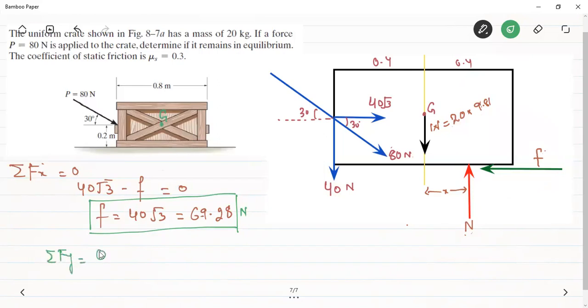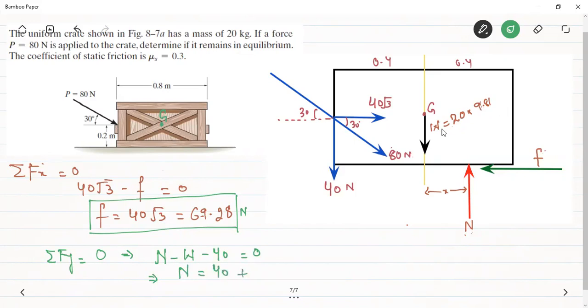Okay, now let us use the equilibrium equation in the y direction. We can see that summation of the forces in the y direction: in the upward direction we have normal reaction, in the downward direction we have weight, and there is another force which is the vertical component of this 80 newton, that is 40 newtons in the downward direction. So this has to be equal to 0. We can see that the normal reaction here will be equal to 40 plus weight.